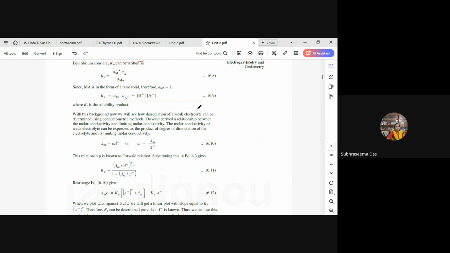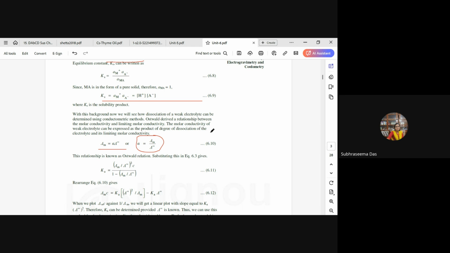Now we will derive a relationship between the molar conductivity and the limiting molar conductivity. We know lambda m is equal to alpha into lambda infinity, or alpha is equal to lambda m by lambda infinity, and this relationship is called Ostwald's relation.